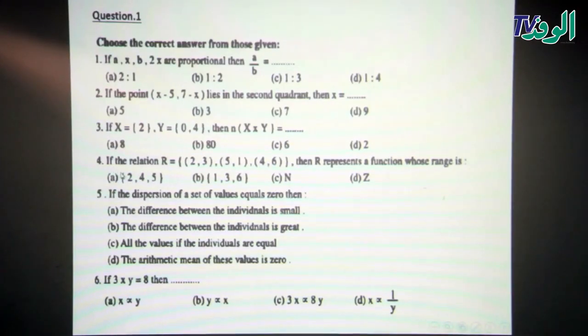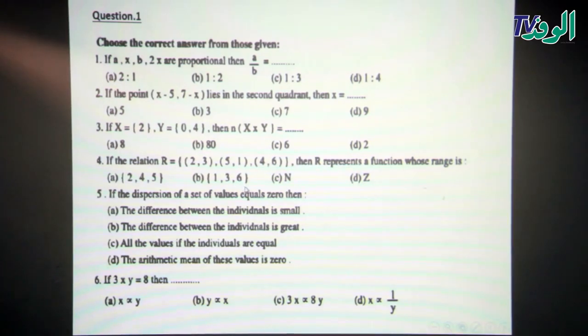Number 4. If the relation R has 2 3 5 1 4 6 and represents a function whose range is... He wants the range. What is the definition of range?